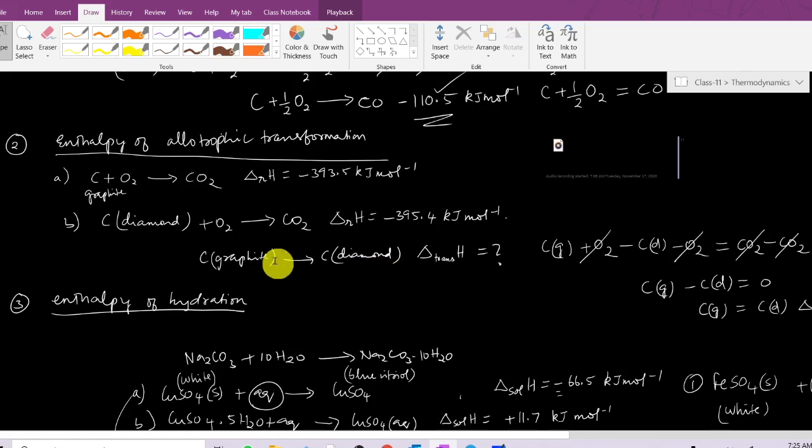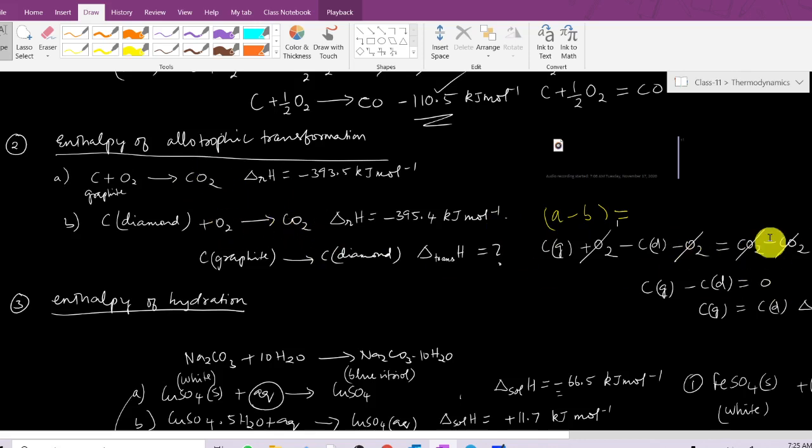So how do you calculate this? The same way. You take this, you take this. Now you subtract, that is, you do A minus B. A minus B will give you this value. C graphite plus O2 minus C diamond minus O2, and here you have CO2 minus CO2.